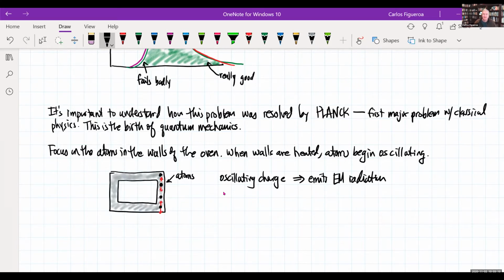So you could imagine that I have these atoms where I'm oscillating them, and they emit electromagnetic radiation.